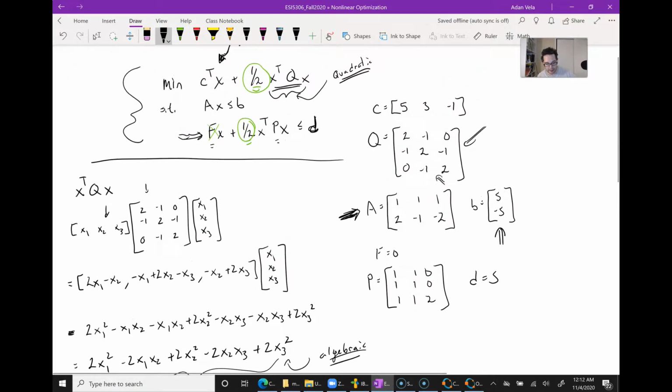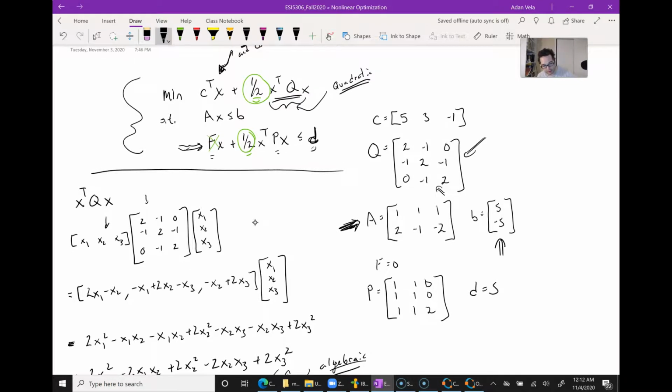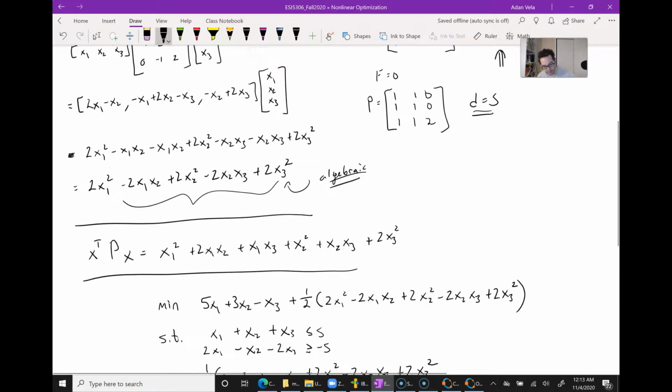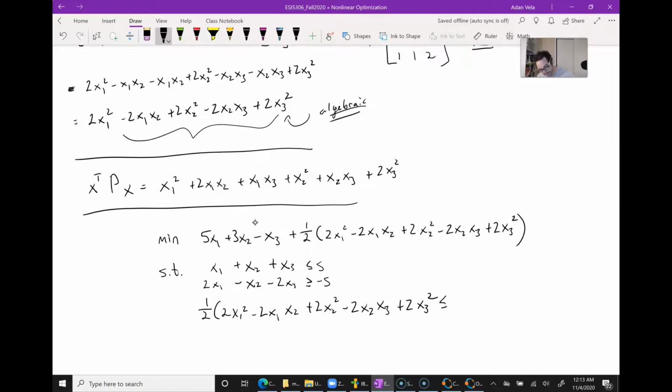And we said all that is going to be less than or equal to d, which we said was 5. Okay, so now we have written our optimization from matrix form to algebraic form. So let's go ahead and actually type this in to Cplex.